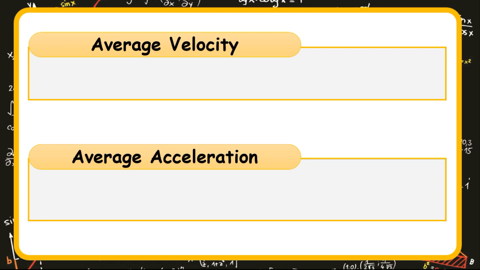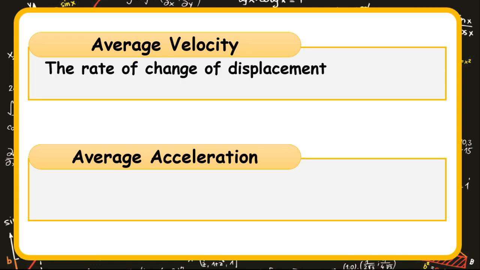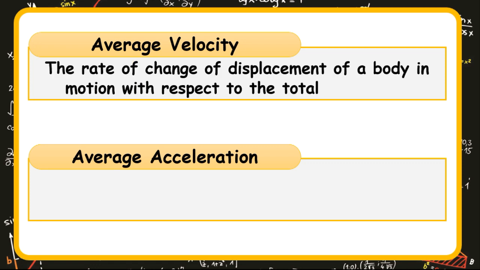For the average velocity, it is the rate of change of displacement of a body in motion with respect to the total time taken. So when you compare the displacement of a body to the whole total time taken, that is what we refer to as average velocity.